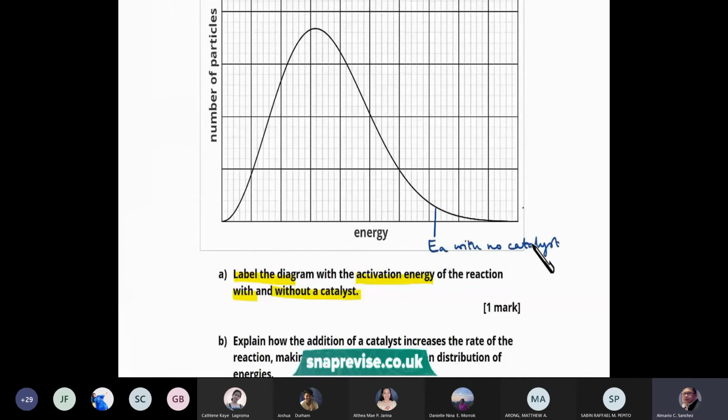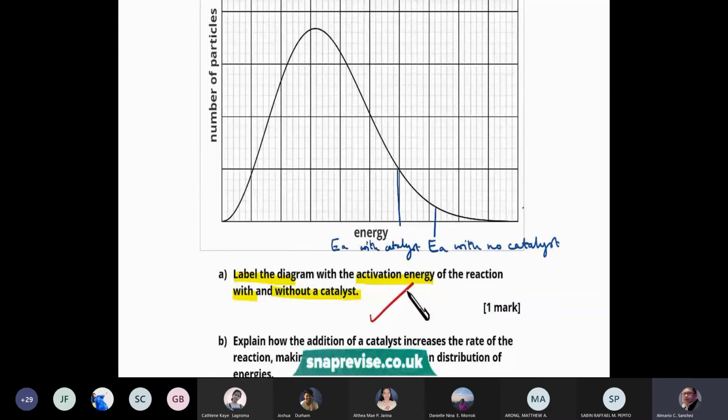But with our catalyst, we know the activation energy is much lower and more particles have an energy in excess of the activation energy. We can see that with no catalyst, only the particles under the graph over here have enough energy to react. But when we lower it with our catalyst, it's all these particles over here that can react. A nice and simple feature of our graph to get us that first mark.